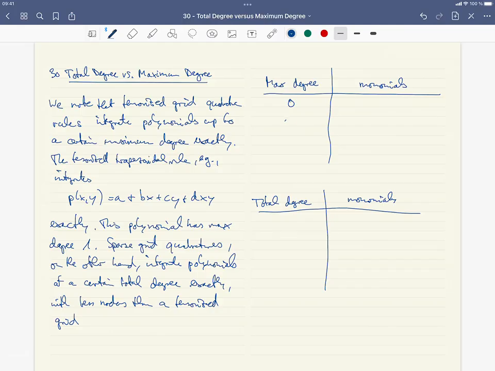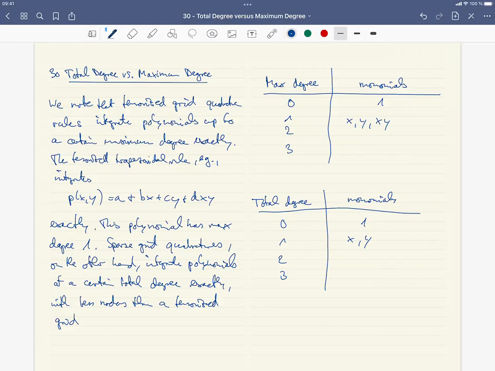So here we have 0, 1, 2, 3, 0, 1, 2, 3. And the max degree of order 0 is only the monomial 1. That's the same for the total degree. Now max degree 1, as I've said, in this polynomial here, all these three terms have max degree 1, and those are all in 2D, whereas total degree is only x and y.